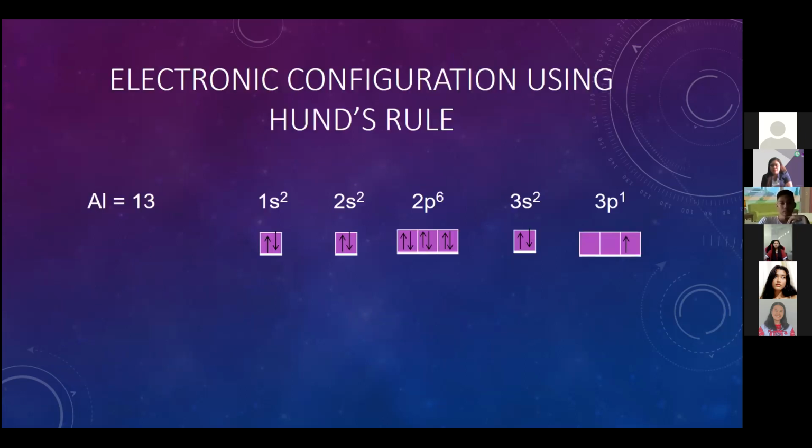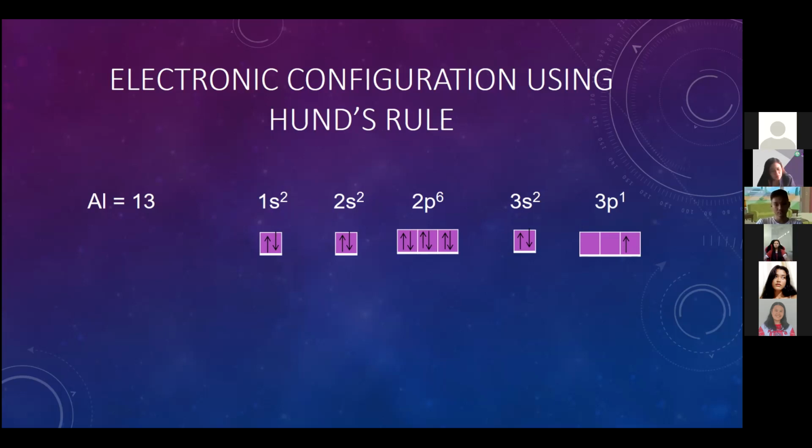These are examples. Consider aluminum, which has atomic number 13. According to the Aufbau principle, the increasing order of energy is 1s, 2s, 2p, 3s, 3p. 1s and 2s can accommodate 2 electrons, 2p can accommodate 6 electrons, 3s can accommodate 2 electrons, and 3p can accommodate 1.